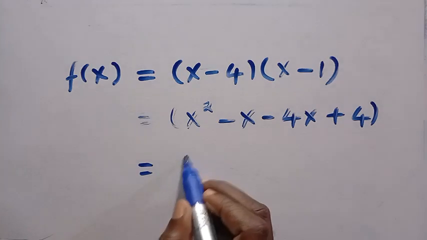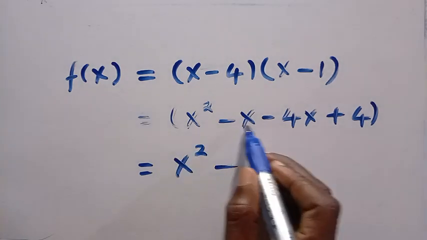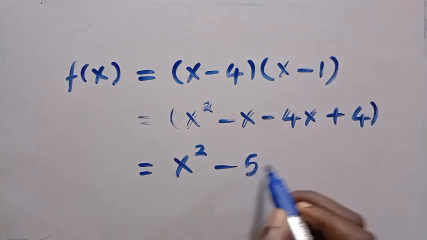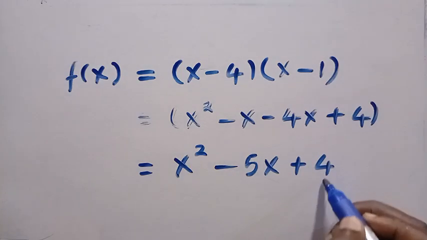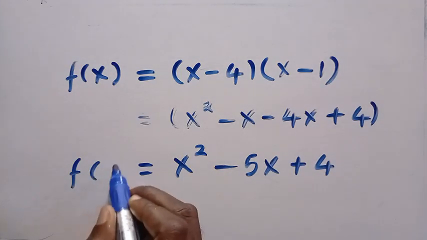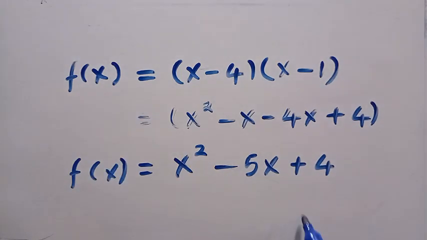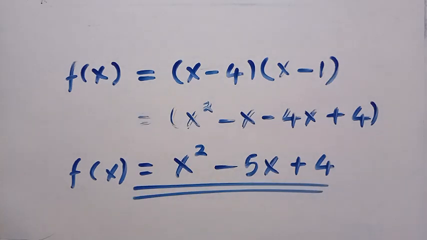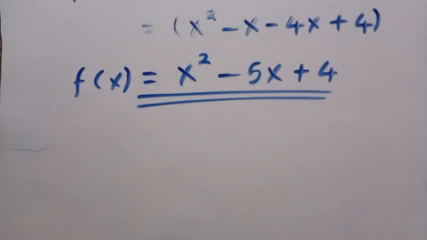So this equals x squared minus x minus 4x, that is minus 5x plus 4. Here is the result of f of x. And this is how I solve this using the first method.